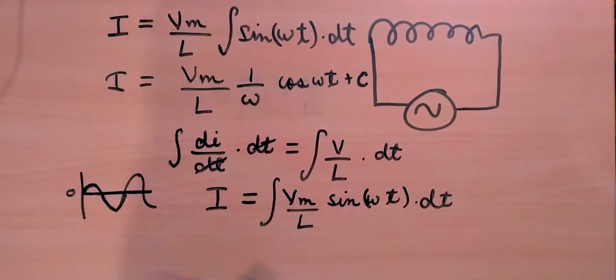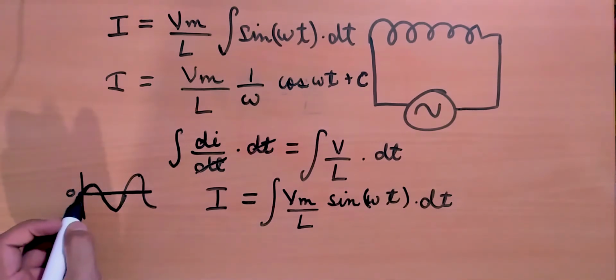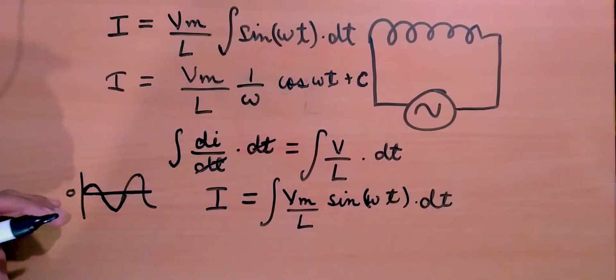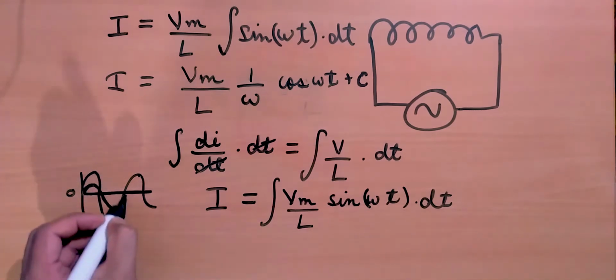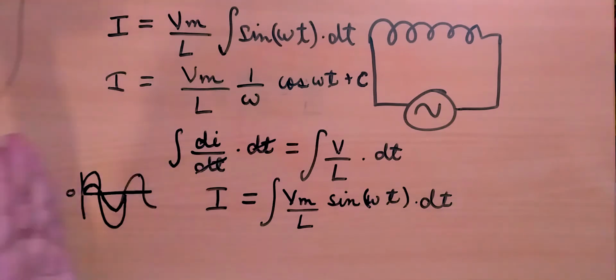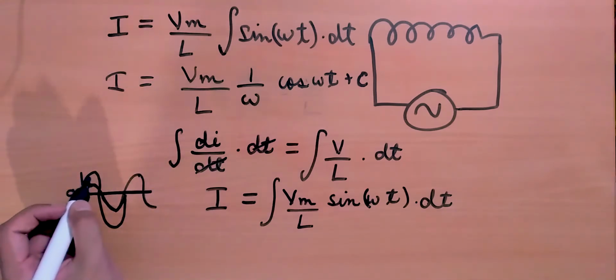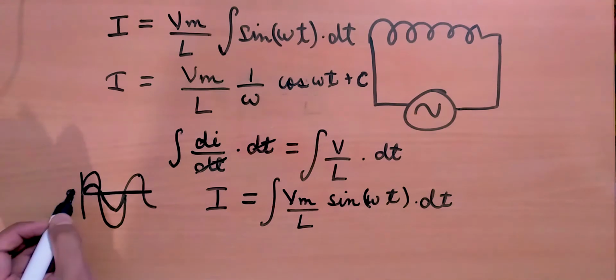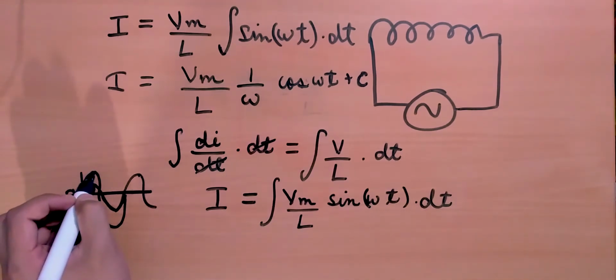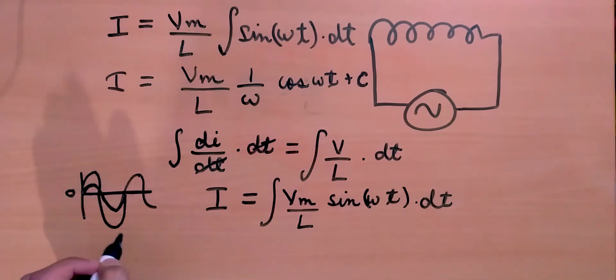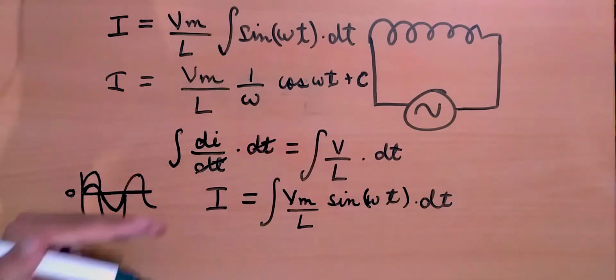It is obvious that the current should also oscillate about this mean value, which is 0. The magnitude and the phase can be different, but it should also have a mean value of 0. So the current should start at 0, go to some positive value, come back to 0, go to some negative value, and so on, and the mean value should be 0.